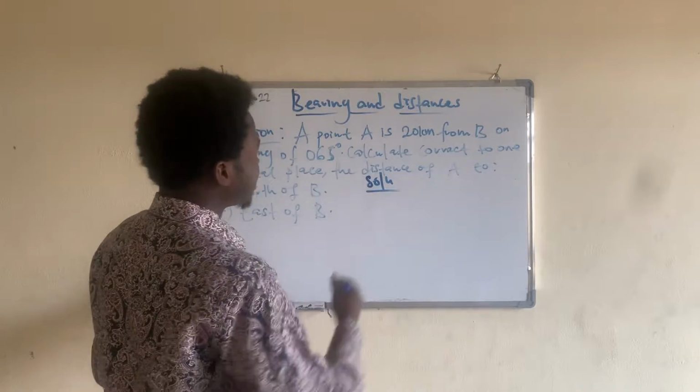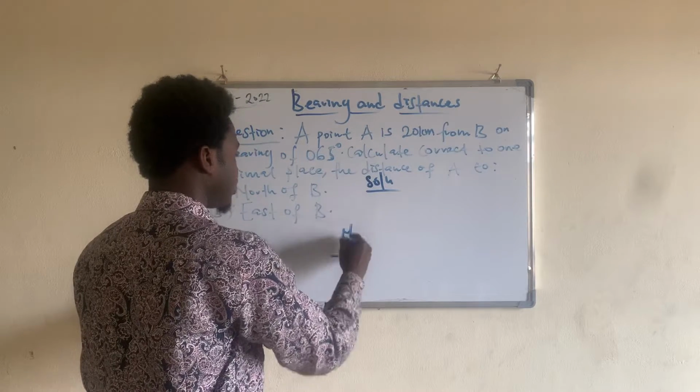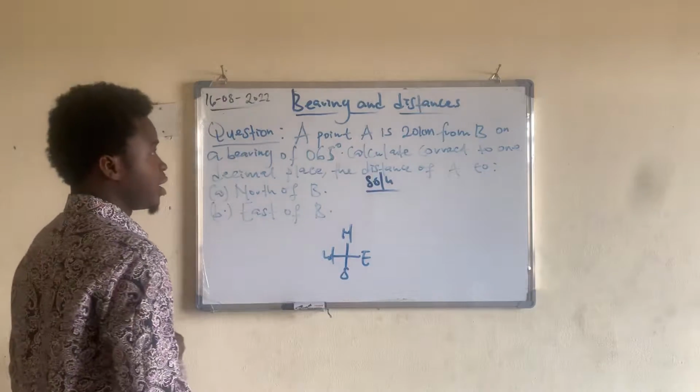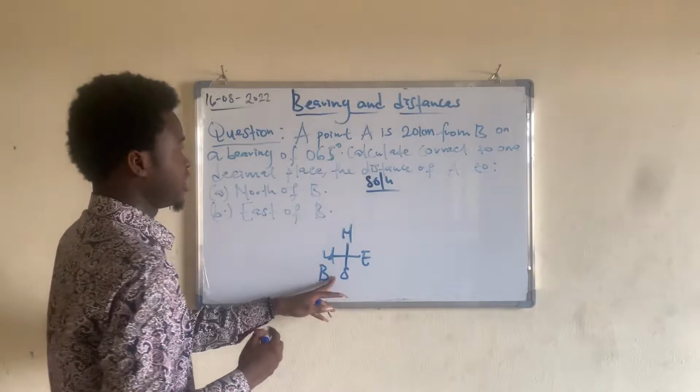So point A is 20 kilometers from B. I'll create my four cardinal points: north, south, east, and west. Here, from B means it's coming from this point here.